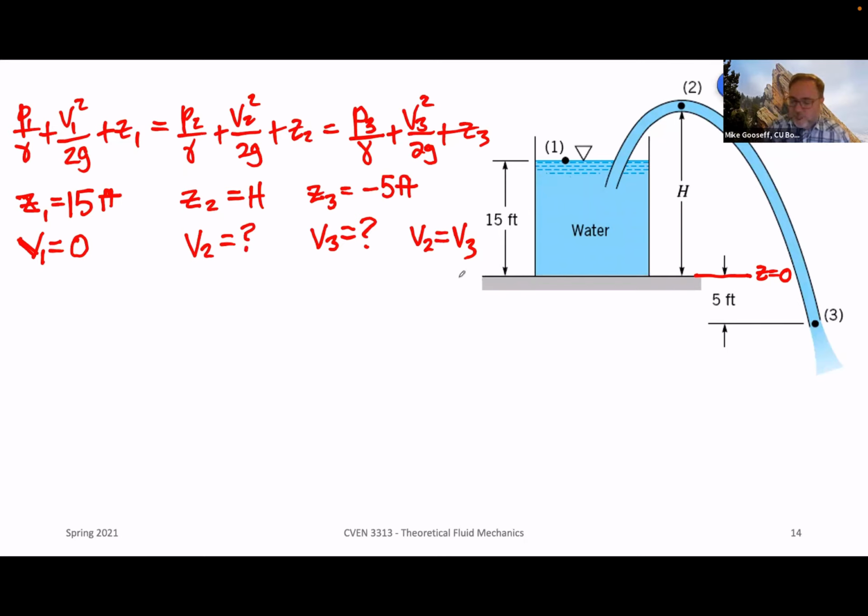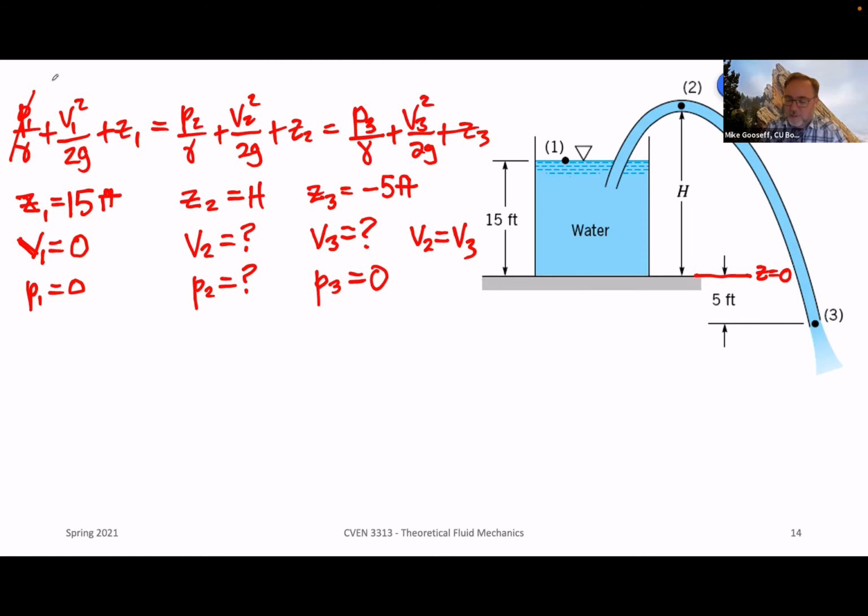Let's look at the pressures now. P1 is going to be equal to 0. P2 is a question mark. We're going to actually set that with the vapor pressure in a moment, but for now I'm just going to leave it as a question mark. And then P3 is also equal to 0 because we have a jet. So if I take all of that information, I'm just going to cross out the things that I know go to 0.